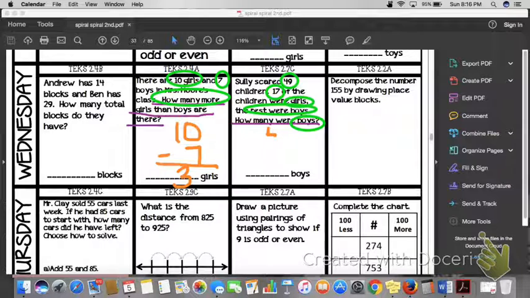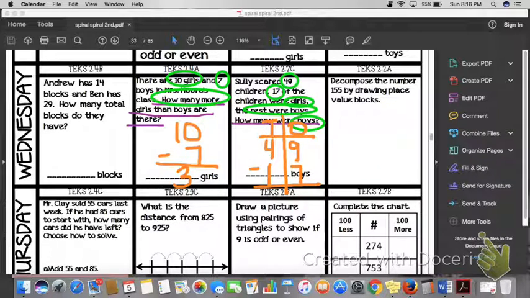But first, I'm going to draw my place value house, ones and my tens. And I'm going to write 49, my 9 in my ones, my 4 in my tens, and then 17 girls. My 7 in my ones place, my 1 in my tens place.